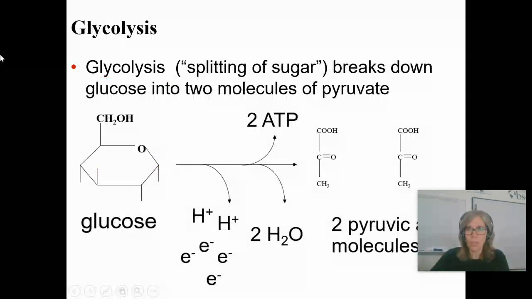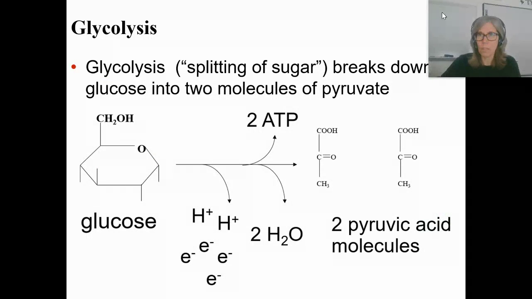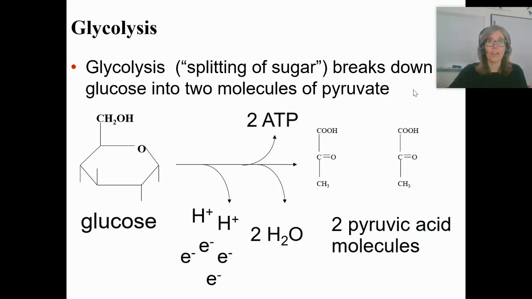So here's the overall reaction. There are a bunch of little steps, but this is the overall reaction for glycolysis. You start with glucose, and remember each bend has a carbon. Each bend is a carbon here. And carbon makes 4 bonds, and it's not showing you 4 bonds. That means there must be a hydrogen sticking off too.